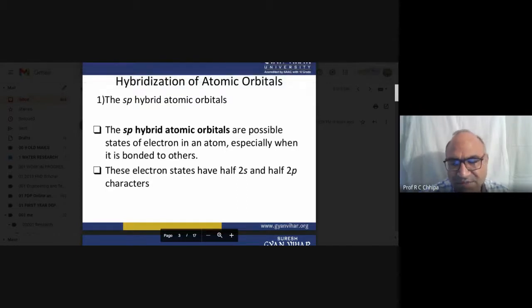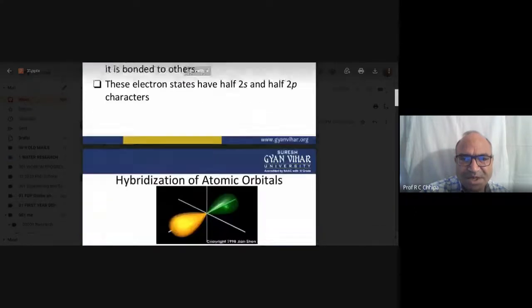So this is the sp type of hybridization, where one 2s atomic orbital combines with a 2px atomic orbital, and the electrons of 2s and 2px are mixed and now present in the new hybrid orbitals, that is the 2 sp hybrid orbitals.